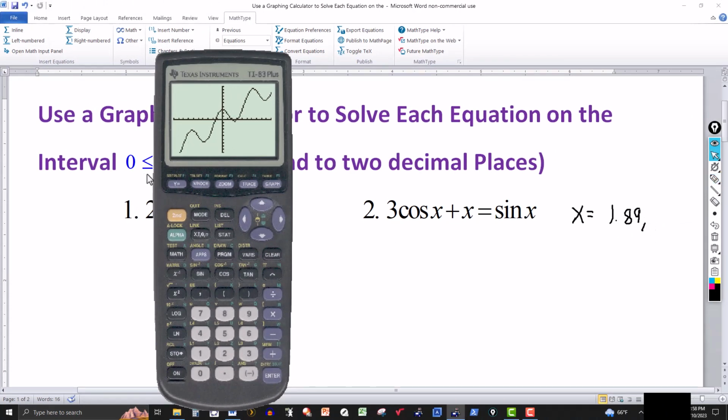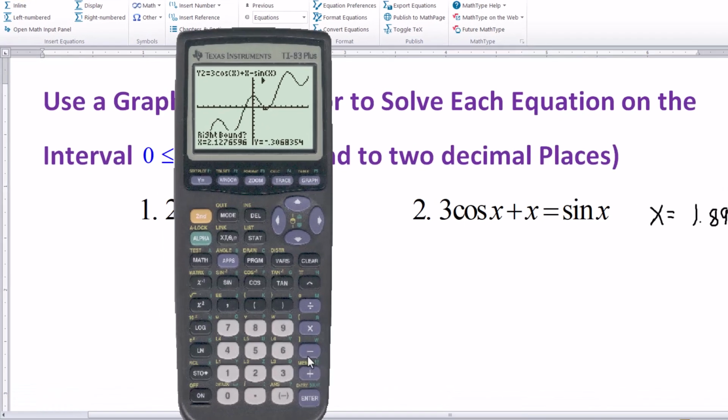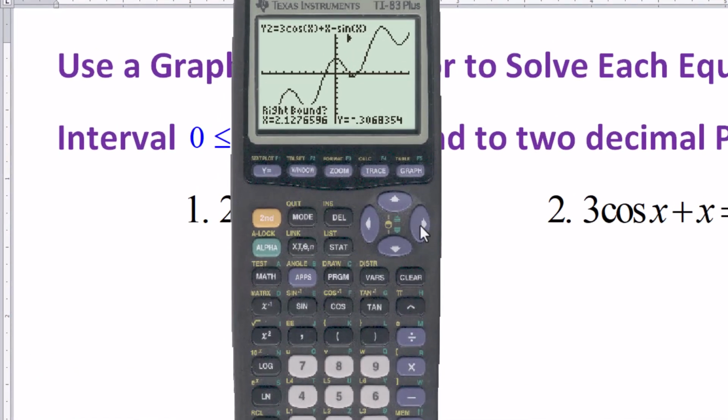Clear this and go to second, again calculate, number 2, zero. Now there's another point right here, so let's move this a little closer and hit enter. That's the left bound. For the right bound, go past it, above that x-axis there, hit enter.